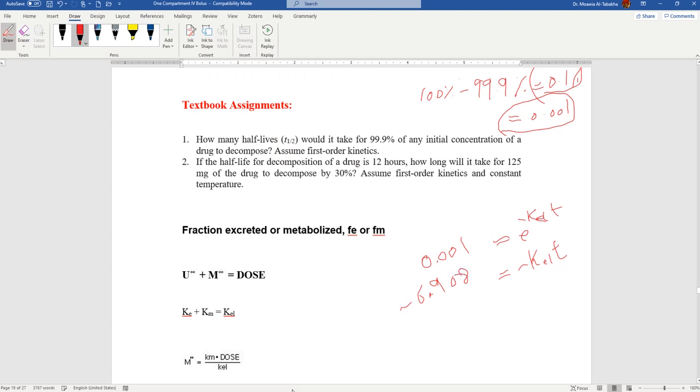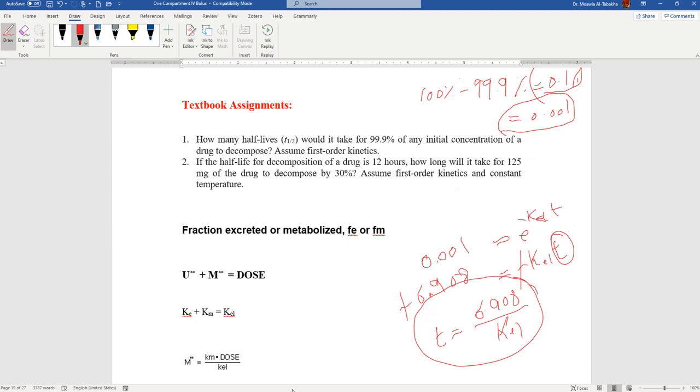Okay, so what is the time? Minus goes with minus, so time will be equal to 6.908 divided by KEL.